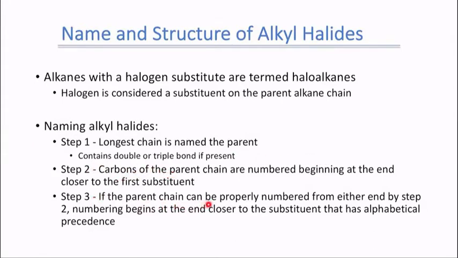And then if the parent chain can be properly numbered from either end, so if we have a substituent one carbon in on both sides, then the numbering begins at the end closer to the substituent that has an alphabetical precedence. So we'll start the numbering on the substituent that has a letter that comes first in the alphabet.